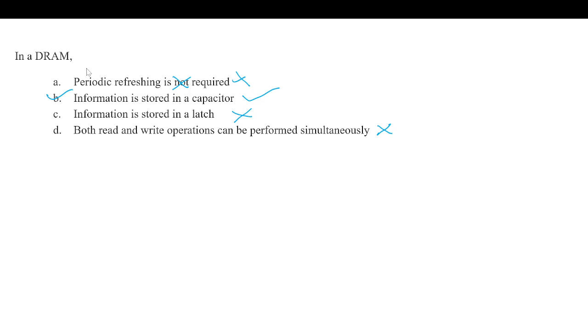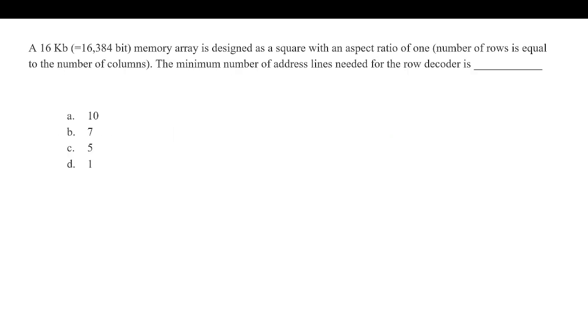Okay. Next question. A 16 KB memory array is designed as a square with aspect ratio of 1. Okay, so square memory, and the number of address lines required are. So if you see, what is the log to base 2 of 16 KB, it is 4 plus 10. 10 for KB, 4 for 16.